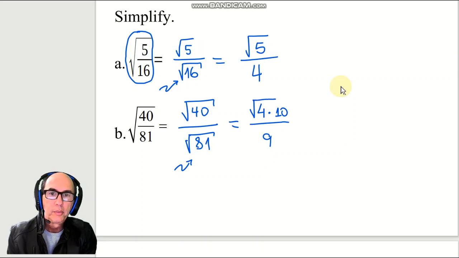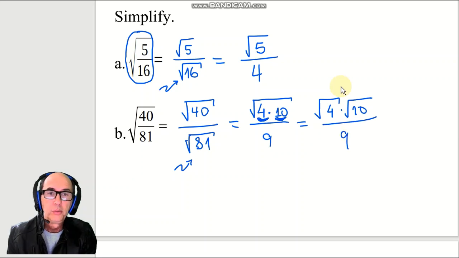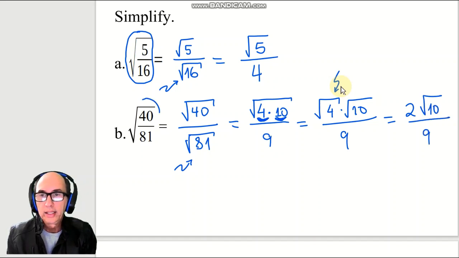Look, we can break it as the multiplication of a number that is a perfect square and another number. Then split into two square roots, the square root of 4 times the square root of 10. And we know the square root of 4 is 2. So 2 square root of 10 over 9. Again, this is a simpler version of the original expression, the square root of 40 over 81.